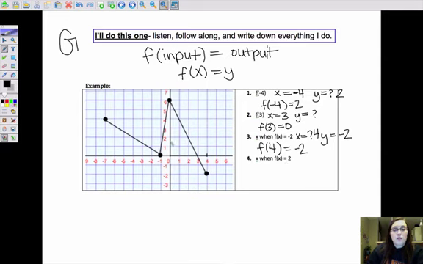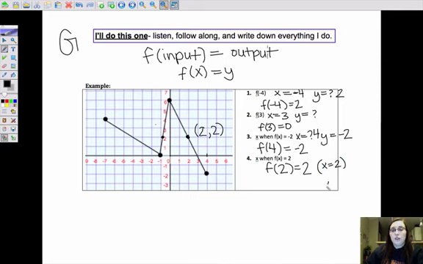So I'm going to go up to the y-axis at 2, and I actually see that there are two places, here and here. So what I'm going to do is I think this one right here on the right, I think this one is an exact value. I think this is the point 2, 2. So I know that one of my answers is f of 2 equals 2. Or in other words, x equals 2.